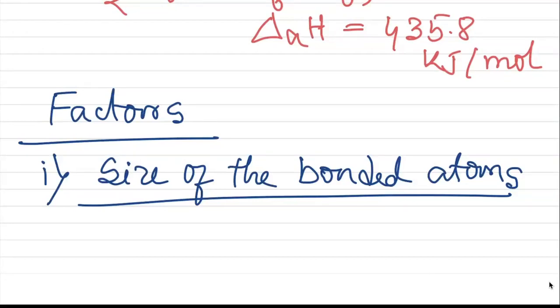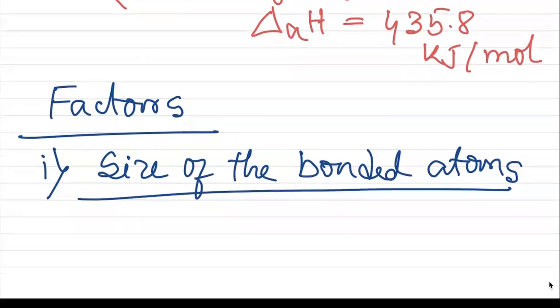Obviously, if the atoms are smaller in size, the force of attraction between the atoms will be quite high, and their bond length will also be small. And when the bond length is small, obviously the strength of the bond is high, so we have to give more energy to break the bond. Whereas if the size of the atoms is quite big, the bond length will also be high, and the amount of energy required to break the bond is less.